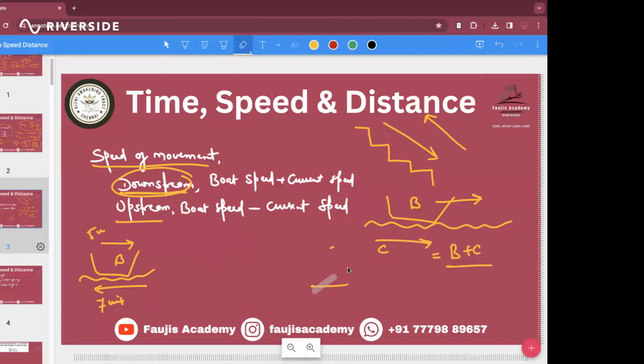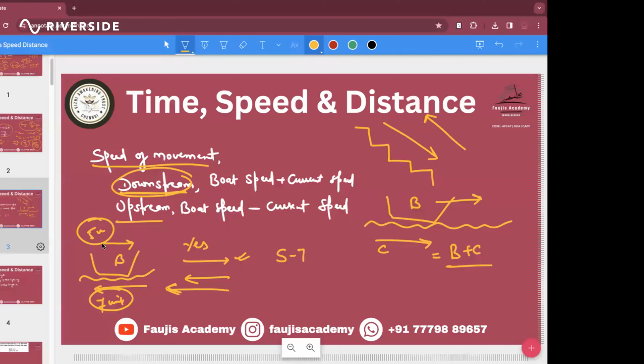Okay, boat will still move. In which direction? Right or left? Right, sir. How right? This one you are saying? Yes. Look, it's 5 unit and it's 7 unit. The force of the water is so much that it will push it behind in this direction, right? It's 5 minus 7.